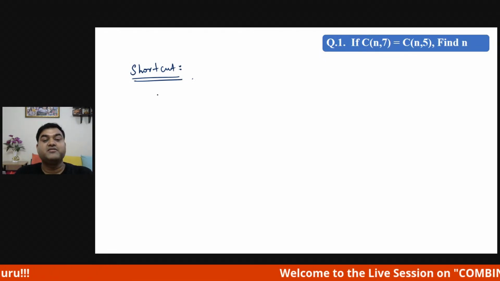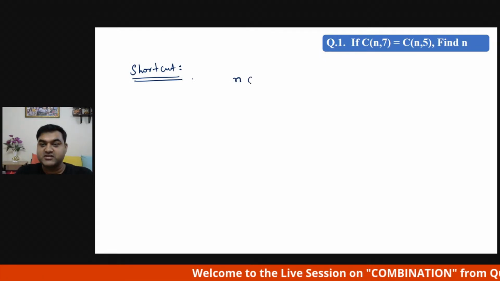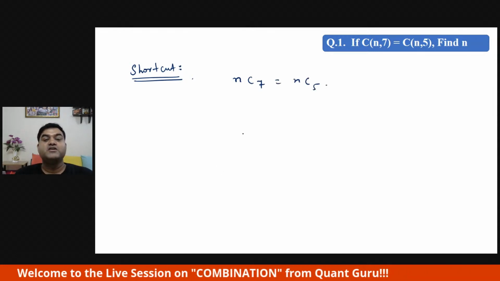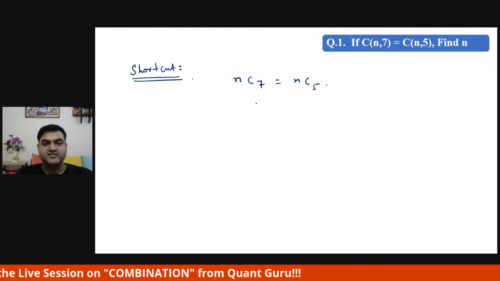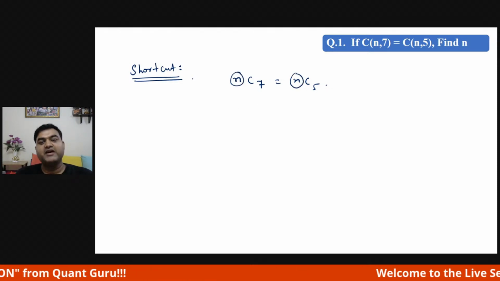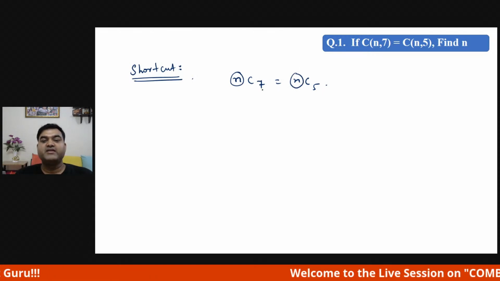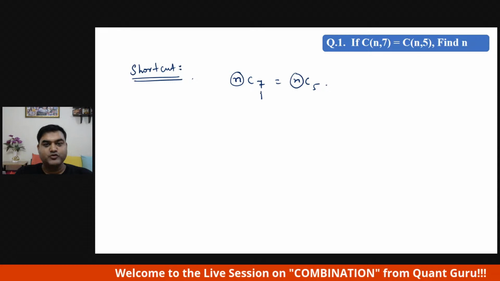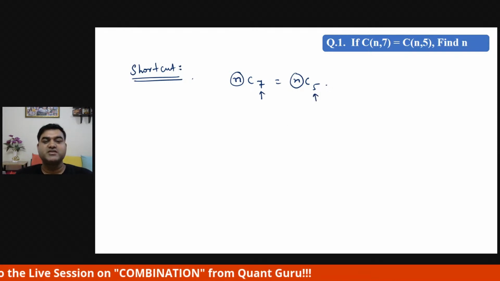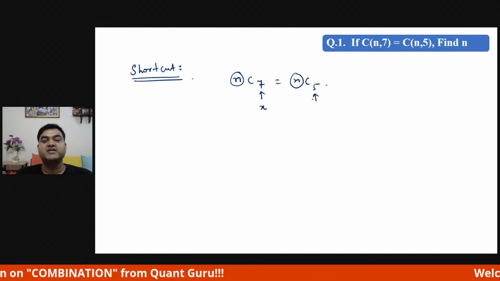Whenever some question is given, nC7 is equal to nC5, right? So considering the value of r, when n, the total number of items or the number of samples, is common on both sides, and the r value is changing, only the r value is changing, then what we have to do is consider one side as x and another side as y.